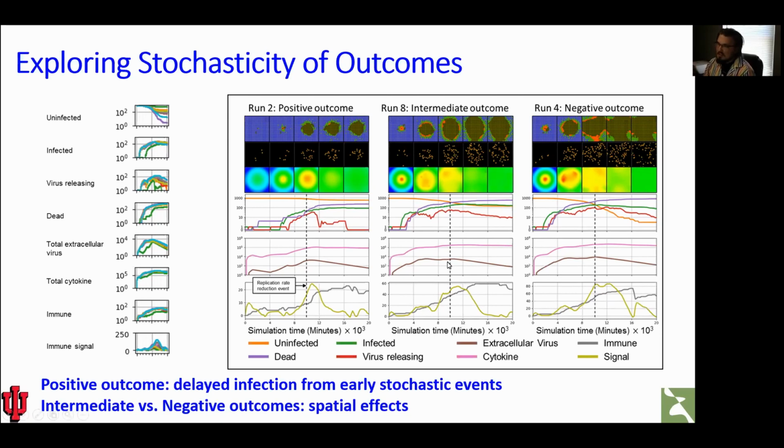And that is quite literally the only way that we know how to explain that difference. And so we say that the differences here are due to the high sensitivity of the system to stochasticity for very early infection, and then the effects of spatial distributions of infection.